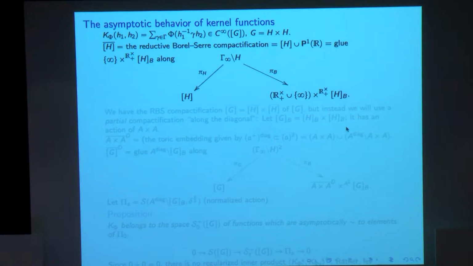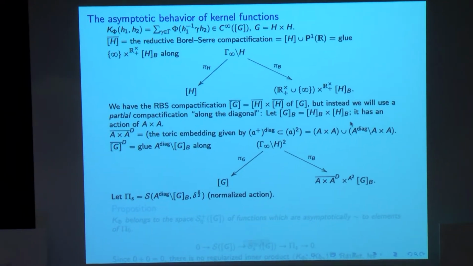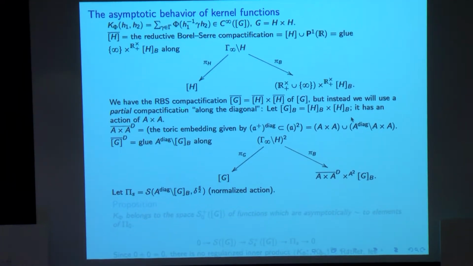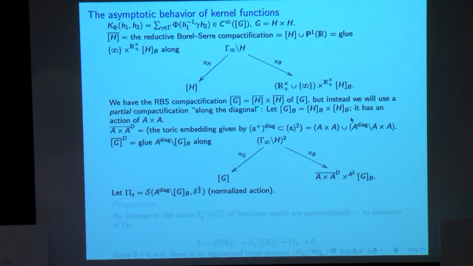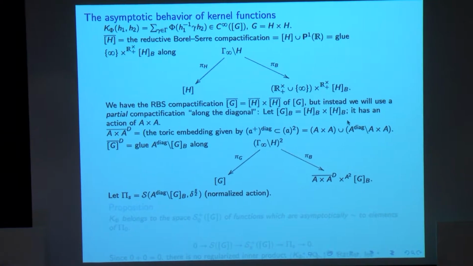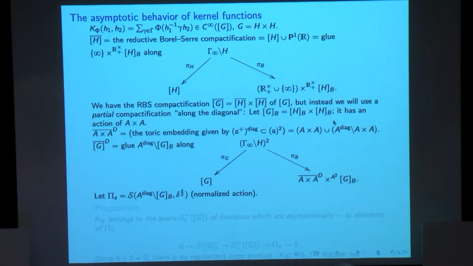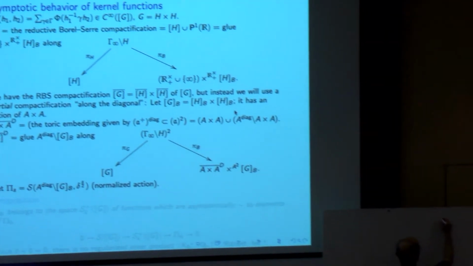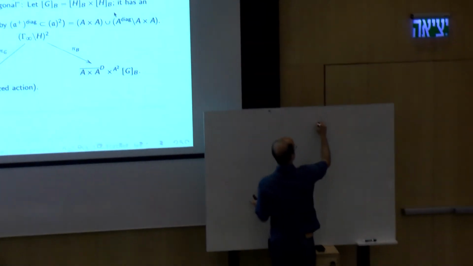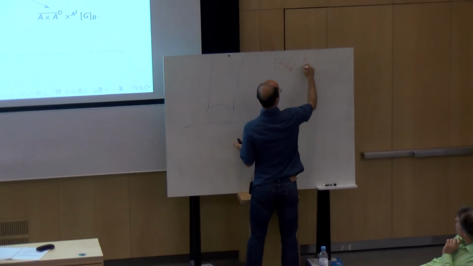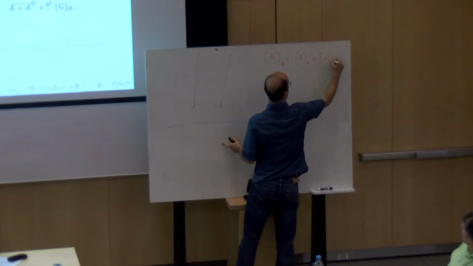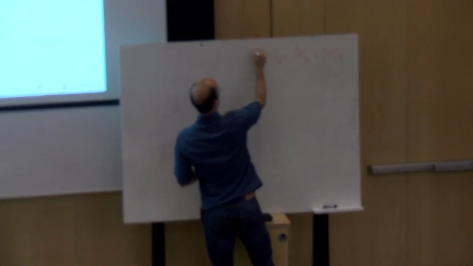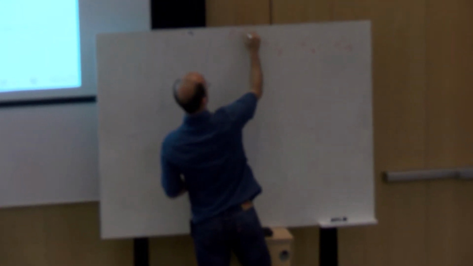Now, let's do that for H cross H. Of course, we could be working with the reductive Borel-Serre compactification of this space, which would be just the product of the two. In terms of toric varieties, if you think of G sub B, which is just the boundary degeneration of H twice, here we have an action of twice the torus.